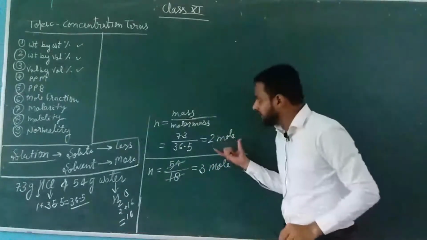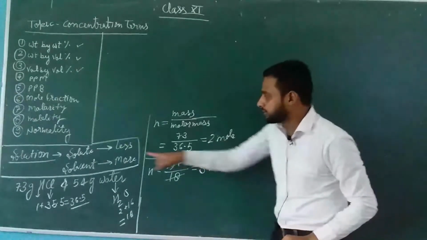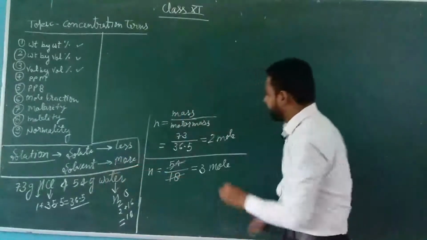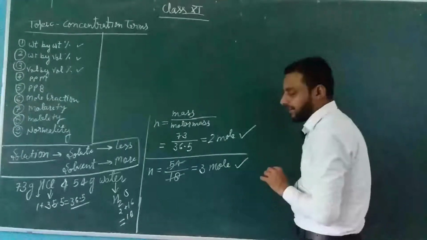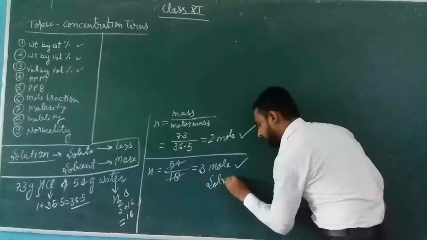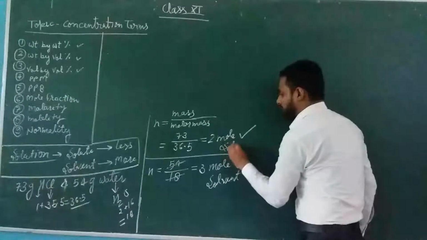So from here we can determine which is solute and which is solvent, meaning solute is present in less amount and solvent in more amount. Here 2 moles of HCl is present and 3 moles of water is present. So we can say that water is the solvent and HCl is the solute.